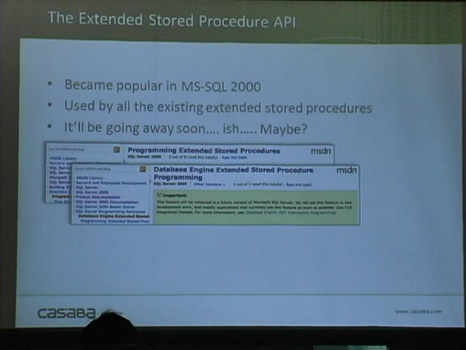But the concern that everybody had is that extended stored procedures are going away. Microsoft's been saying this. So in 2000, they brought out the documentation on the MSDN. Here's the full API for interacting with extended stored procedures. Then in 2005, they reissued the documentation, but they're like, hey, look guys, this is going away. Start shifting off from this.